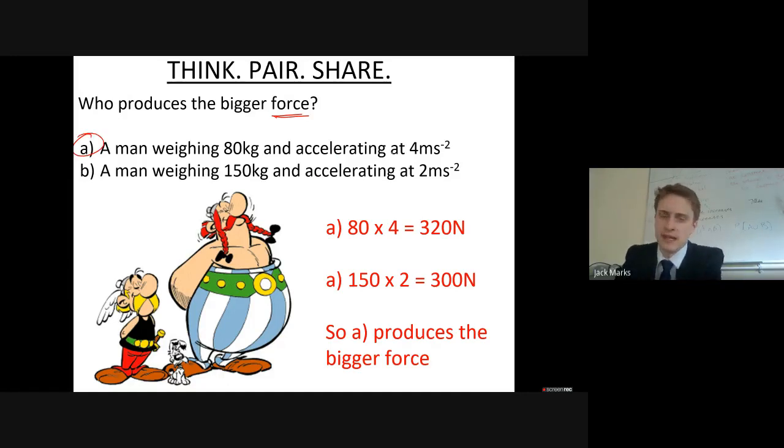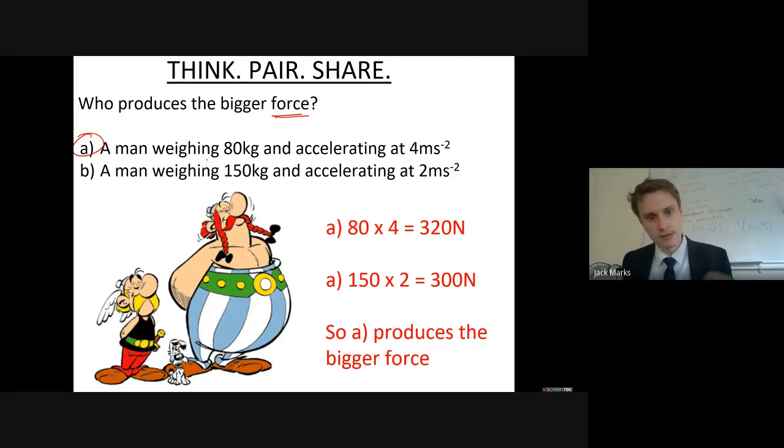Well, you've probably got some intuitive idea already that if things are moving quickly, they give off more force, which is kind of correct. But really, what you're picking up on there is the acceleration. When somebody moves their body really quickly when they're implementing a force, that's the acceleration element.